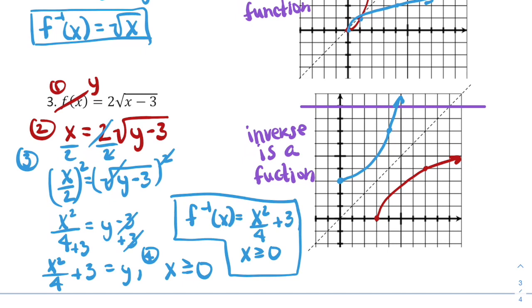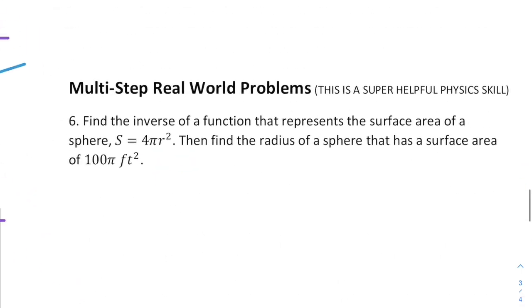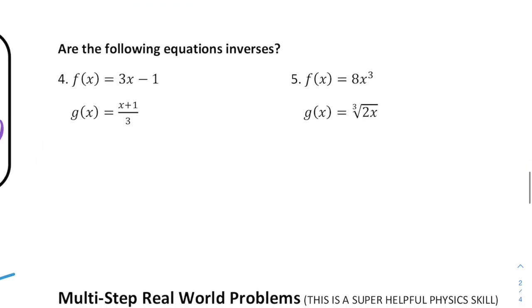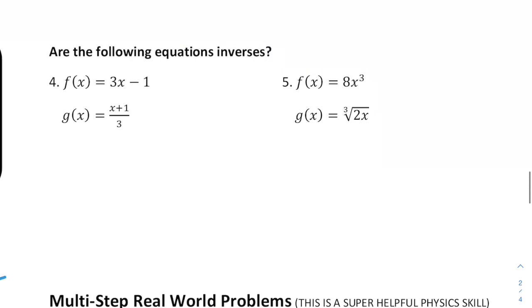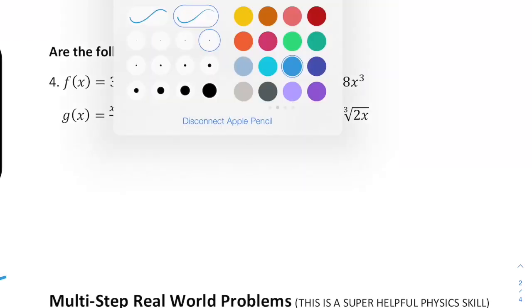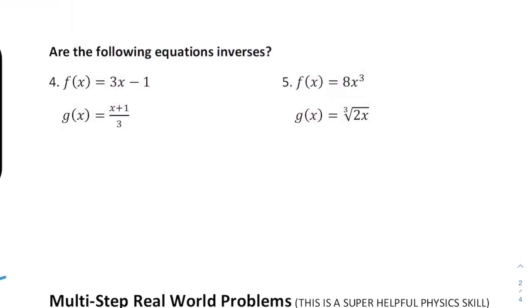Now I'm going to give you two functions and determine if they are inverses. So that is our next topic. We want to know, are the following equations inverses? So this is our method for doing that. We basically pick one of our functions. It doesn't matter if we pick f or g, and we determine the inverse, just like we've been doing.